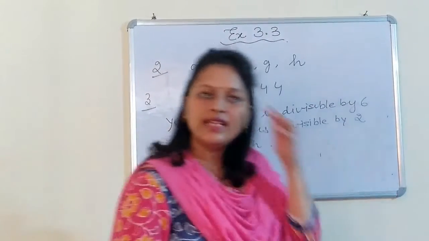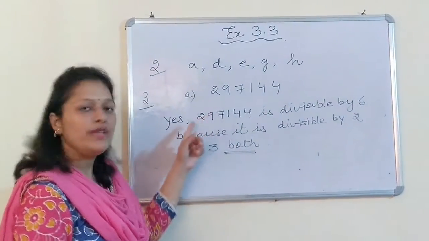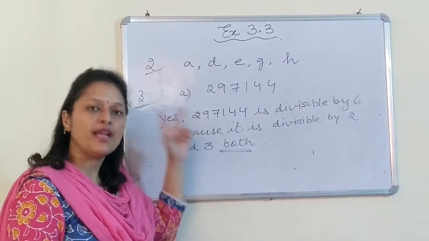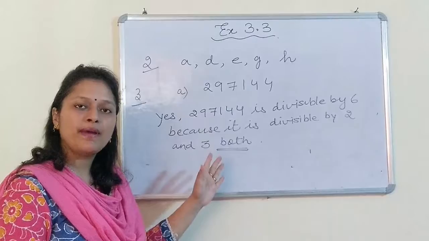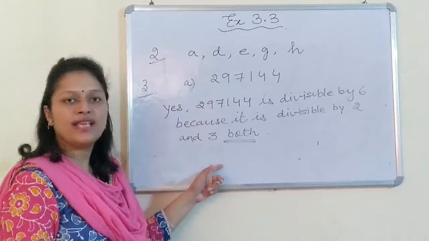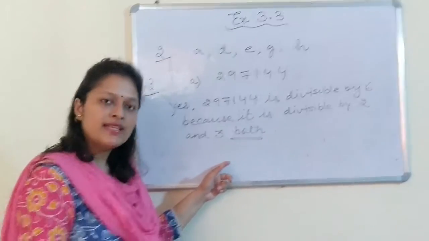So for checking divisibility by 6, you need to check the divisibility by 2 and by 3. And if the number is divisible by both, then you can say the number is divisible by 6.